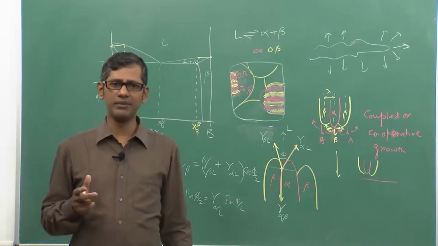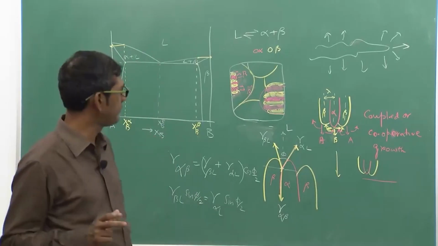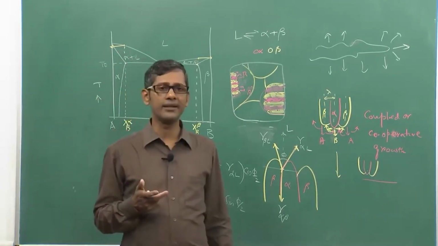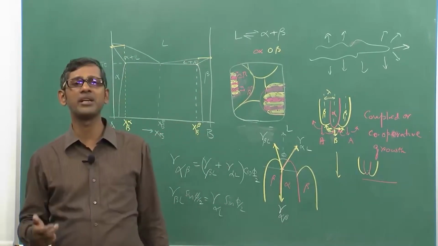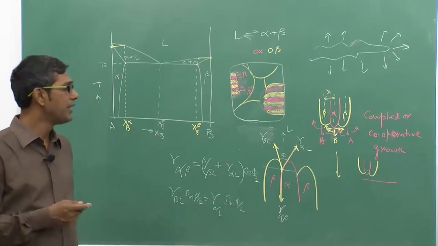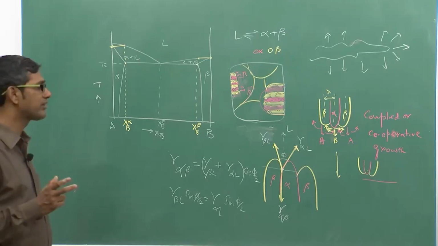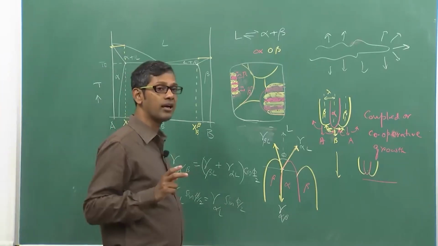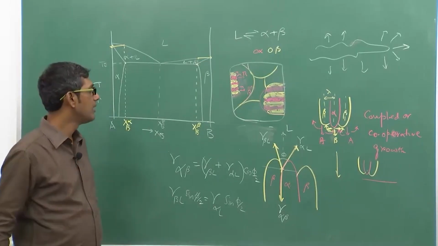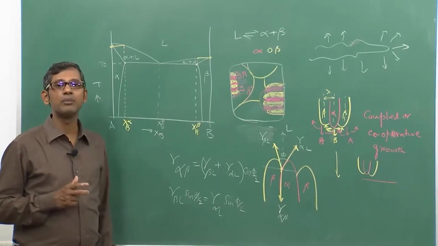Things are quite different in the case of rod or other eutectics, because the complexity of the microstructure is more. But for your purpose, it is more than enough to understand how a lamellar eutectic grows in the liquid. So this is the mechanism of growth of eutectic.